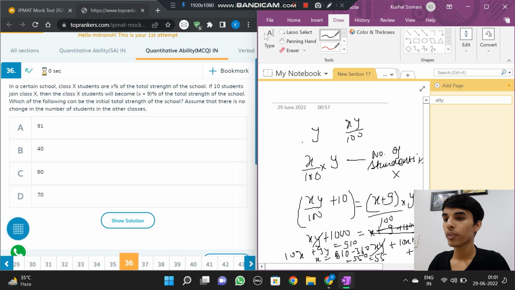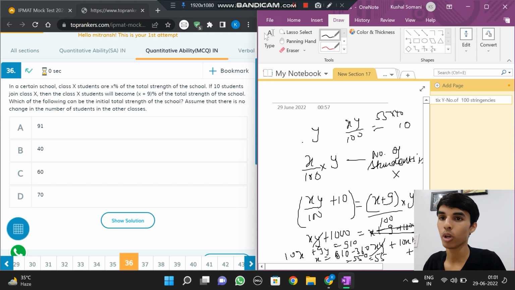So 55 is the value of x. Now 55 into 40 is definitely a multiple of 100. So this set of values of x and y provides us xy as a multiple of 100 as well, and it obviously fits into the equation. Hence we can mark option B as correct.